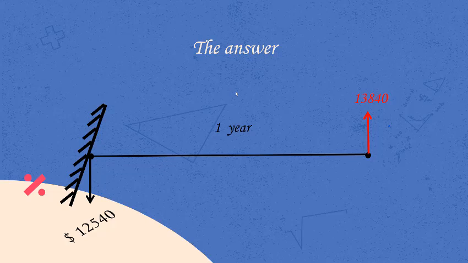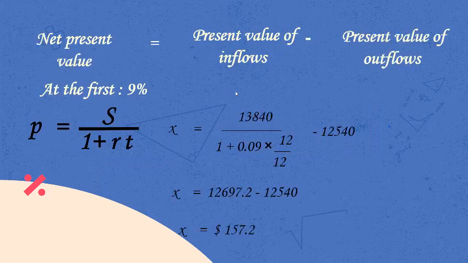The time from the cash outflow to the cash inflow equals 1 year. The main formula: net present value equals present value of inflows minus present value of outflows.